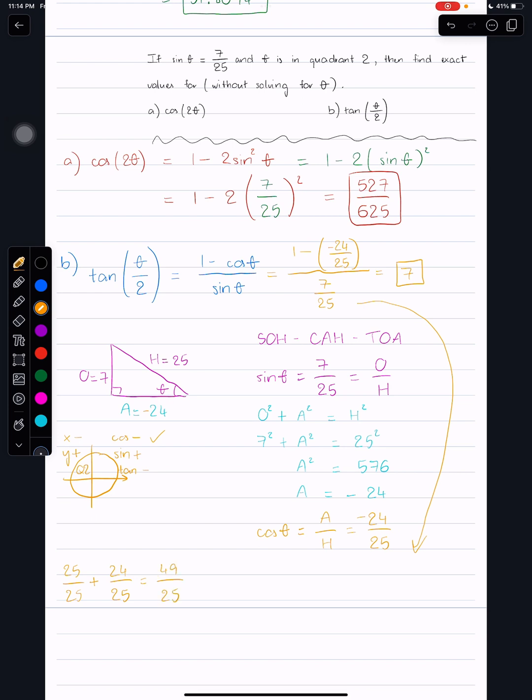And then I want to divide by 7 over 25, which means I'm going to have to multiply by the reciprocal of it, which is 25 over 7. At this step, I'm going to cancel the 25s. The 49 and the 7 can both be divided by 7. So 49 divided by 7, I have a 7. 7 divided by 7, I have a 1. Together, I'm going to have 7 as my final answer, as what I'm supposed to get over here. Okay?